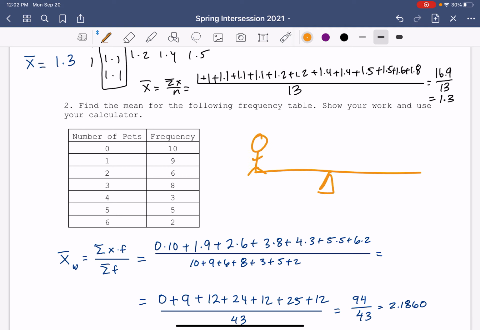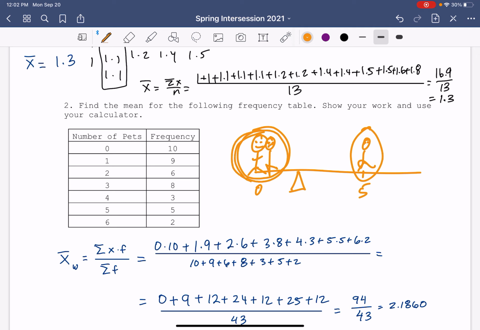More weight over here compared to over here means this fulcrum, this balance point, would be more over here because there's more weight on this side. So this fulcrum is a way to balance these points. Yes, these are pets, not people. But you get an idea of what I'm talking about.